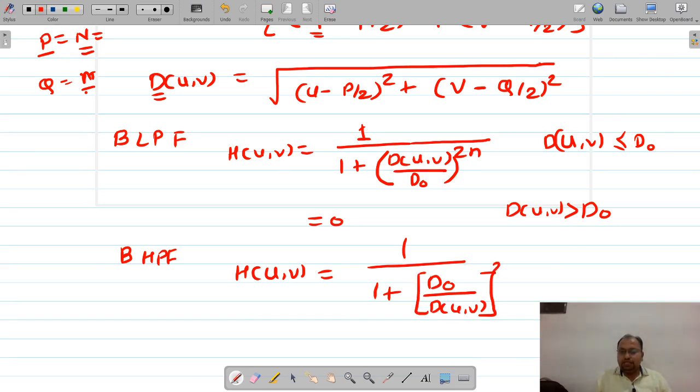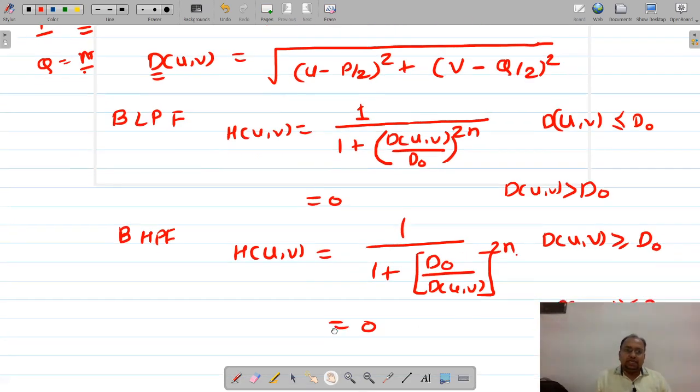Again, n represents the order. D(u,v) must be greater than or equal to D0 in that case, and it will be 0 if it is less than D0.